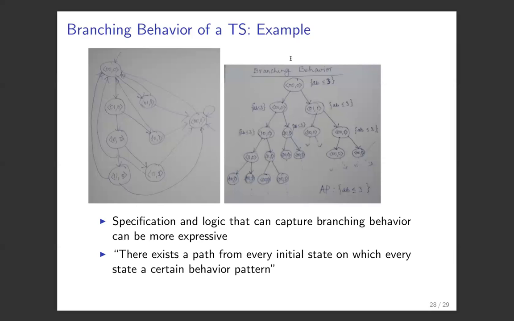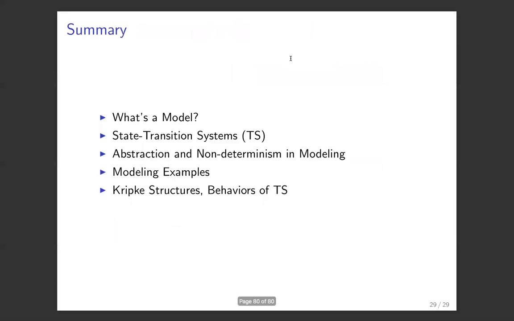As we move along, I've formally defined the transition system, and I've also formally defined behaviors. What remains is to define the temporal logics and formalize the problem of model checking as a satisfaction problem. We will do all those things as we move along. Modeling examples is something I will get to in the next slide.